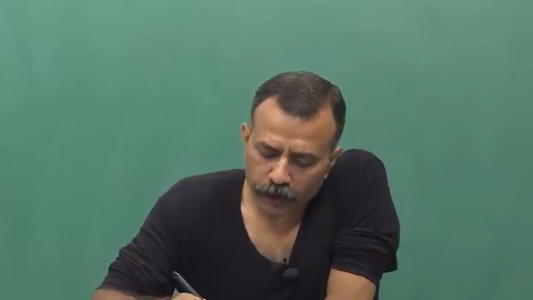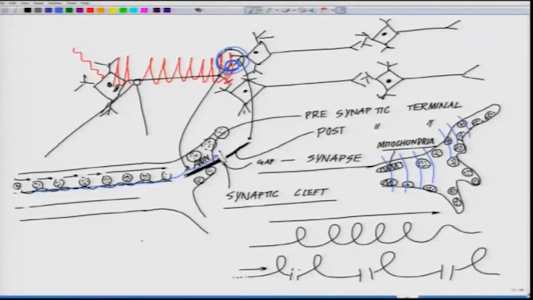Once the action potential reaches the tip, what happens is a certain unique flux of cations takes place, and how it takes place will come later, okay, which are mostly calcium, and this is all happening inside.